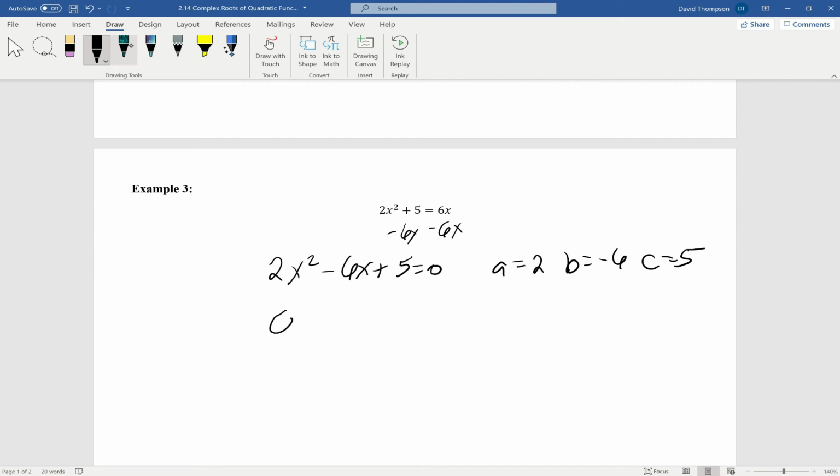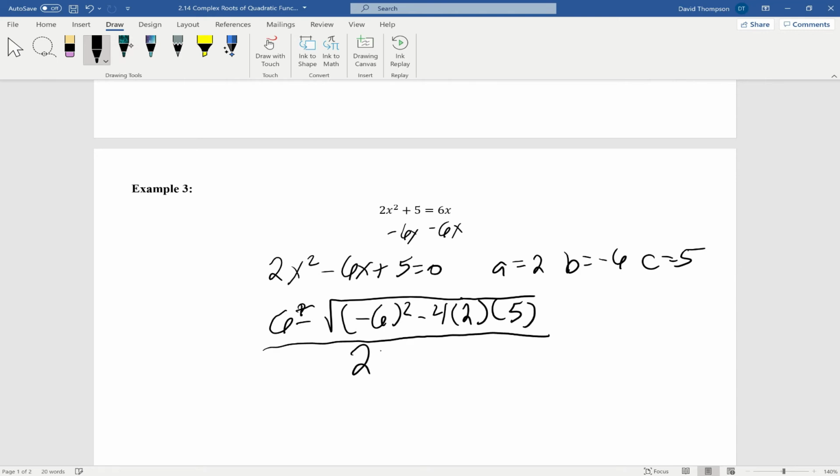So we have 6 plus or minus square root of negative 6 squared minus 4 times 2 times 5, all this over 2 times 2.